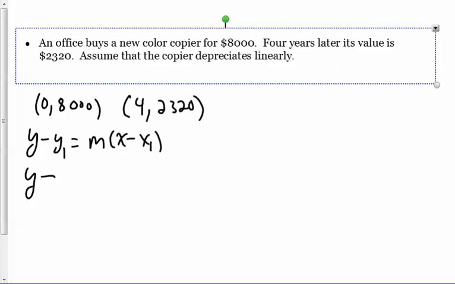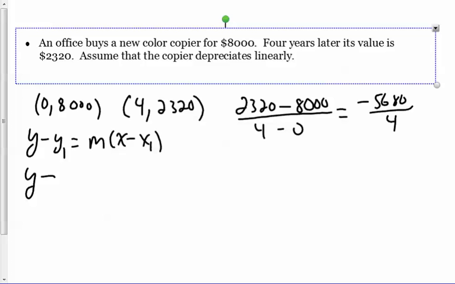So if you just do 2320 minus 8,000 over 4 minus 0, this is negative 5680 over 4.